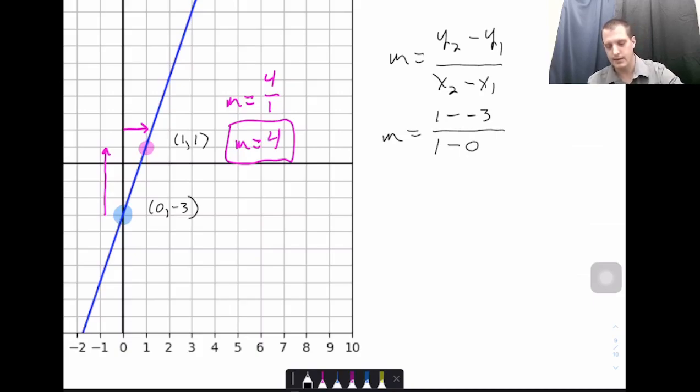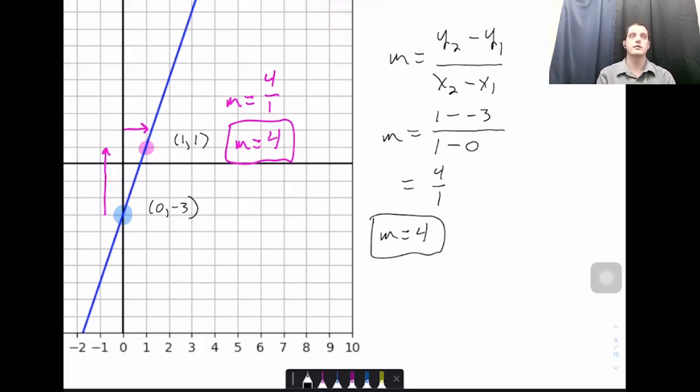It's looking like we might get that same answer. That's a double negative, so we get a plus. So 1 plus 3, or 4 over 1, so our slope is just equal to 4.